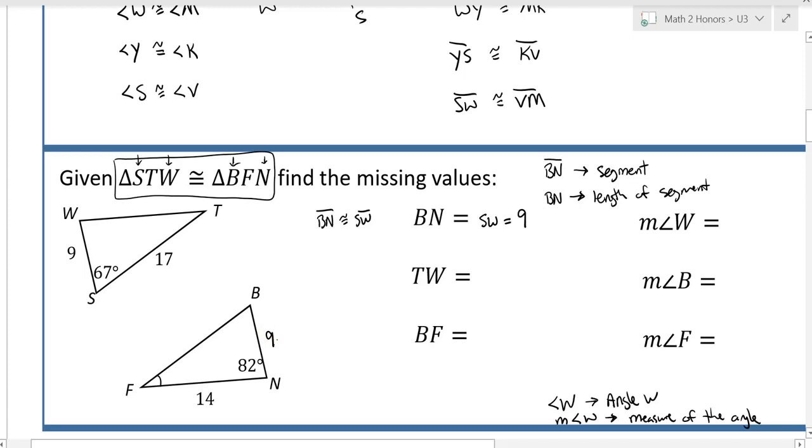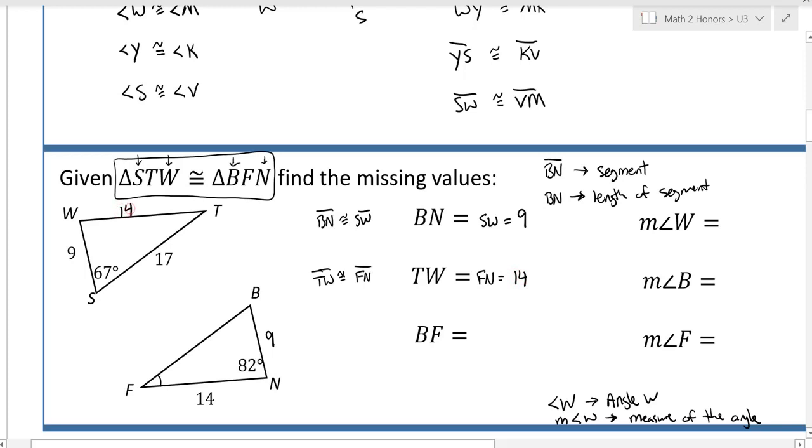TW, well, we know that the segment TW is congruent to the segment FN. So the length of TW is going to be equal, not congruent, equals. Notice that it changes to equal here. FN. FN is 14.